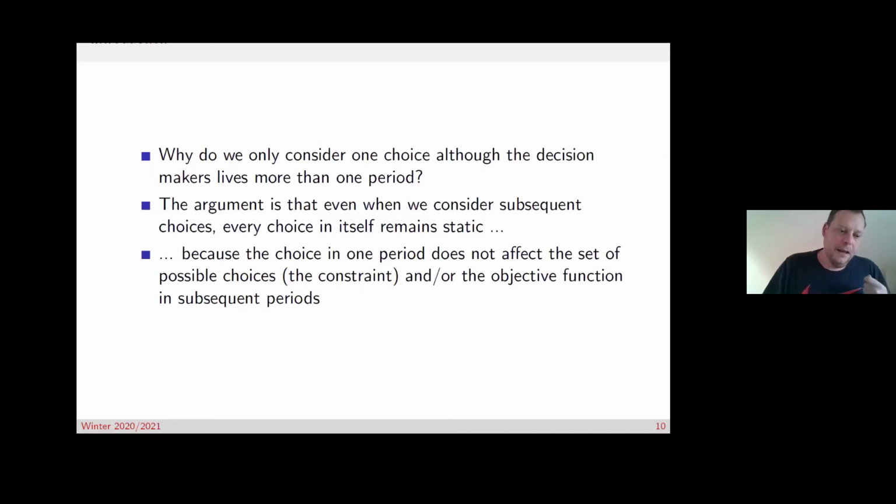So I give you today 50 euro, you choose pizza and beer, and tomorrow I give you again 50 euro, and then you choose, I don't know, tomatoes and bread. Okay, and those two periods are totally distinct. There's no overlap between them, and the choices do not affect the other periods.